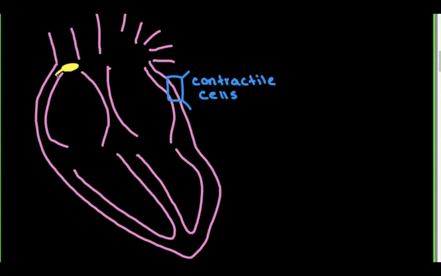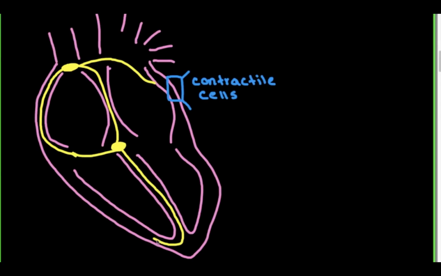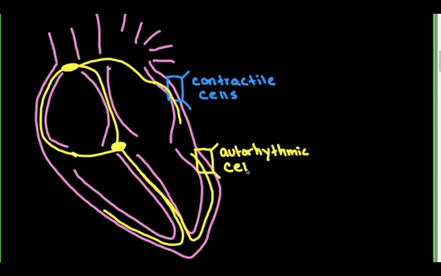But as you might remember from anatomy, we also have a network of cells forming an electrical conduction network throughout the heart. We're going to call these autorhythmic cells. These are the two different cell types that we're going to focus on and explain how they work and how this helps the heart behave in a very specific way.